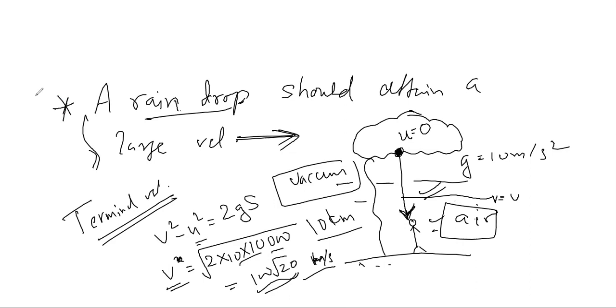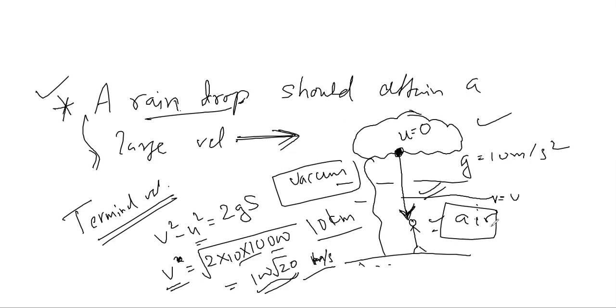So this particular question sometimes has been asked, and you have to explain it with some example. Let's say one cloud is formed at 10 kilometer height. What will be the velocity of the raindrop had there been no air dragging force?